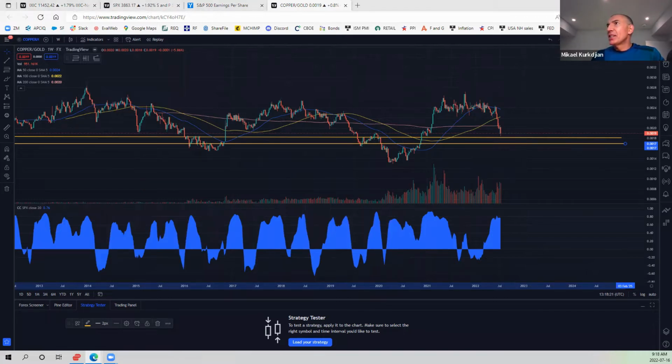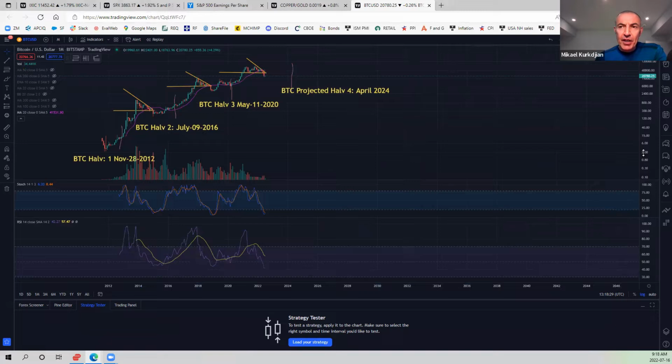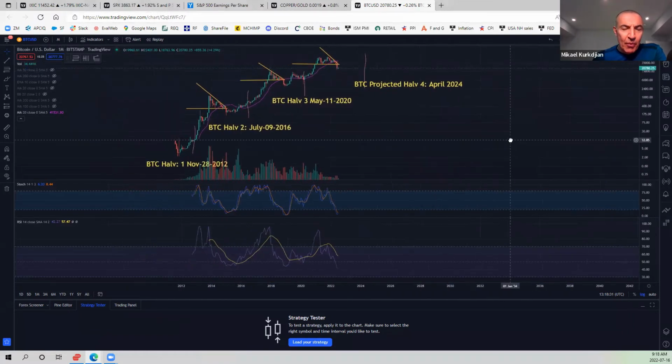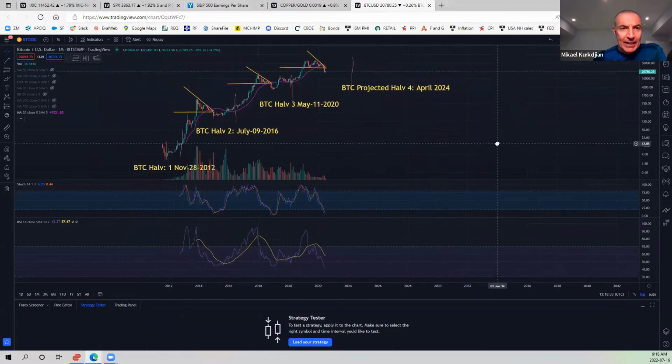Let's look at Bitcoin's chart. This is Bitcoin's monthly chart, and we did a video on this a little while back. It's an excellent tool, this indicator, which is the 20-month moving average. This is one that I learned from Red Capital.